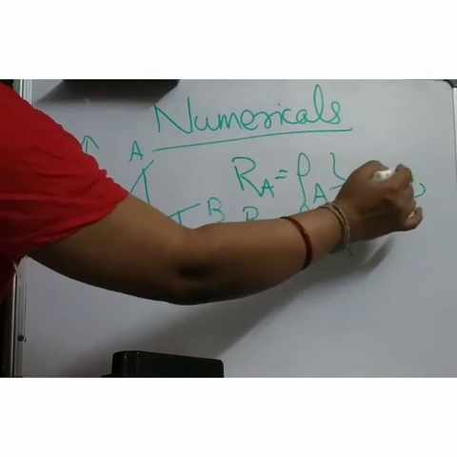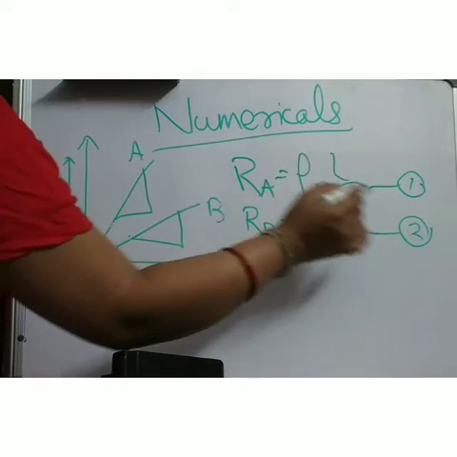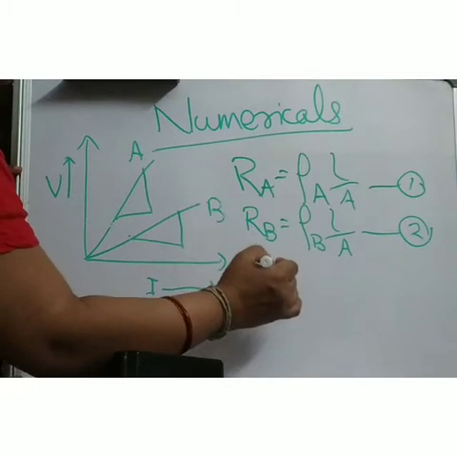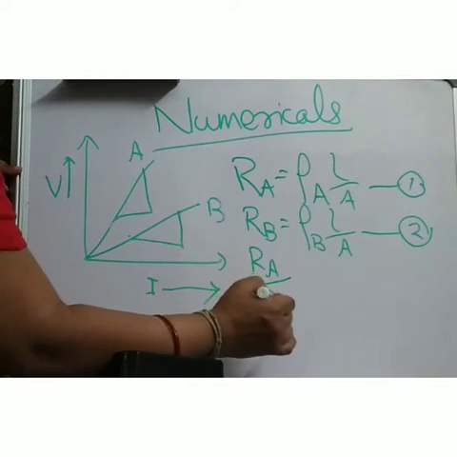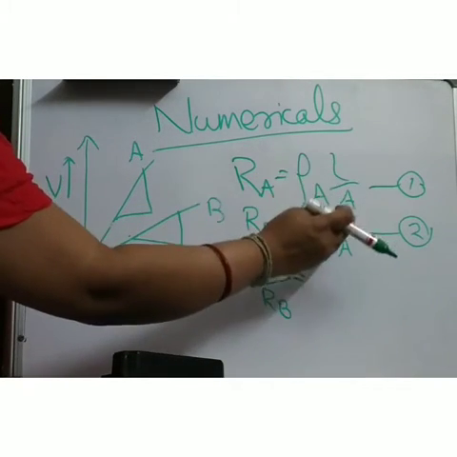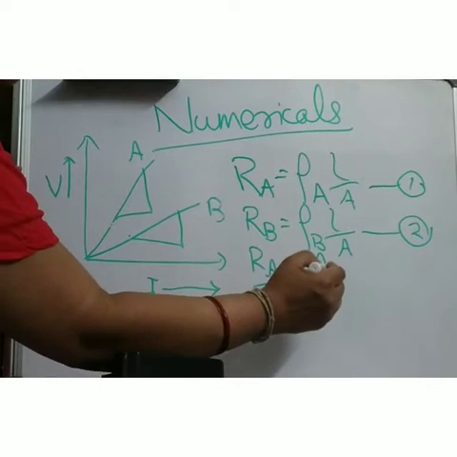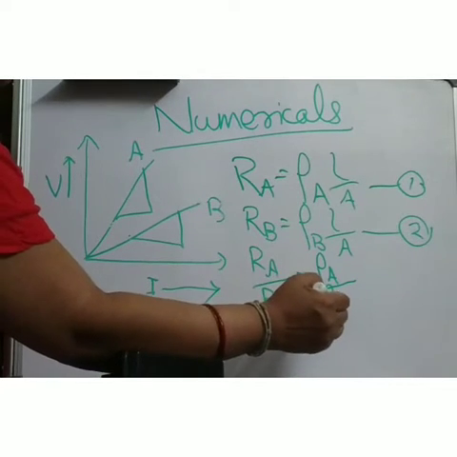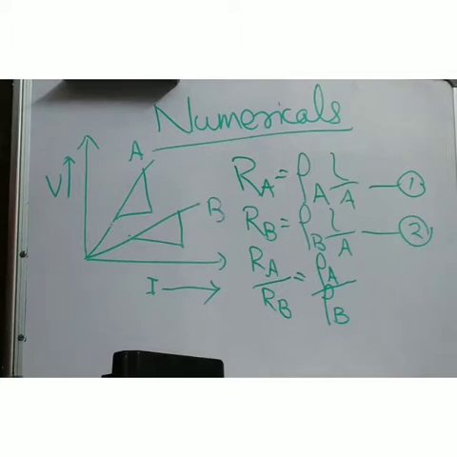This is equation 1 and this is equation 2. Divide equation 1 by equation 2. What will you get? RA by RB equals, L by A gets cancelled, so rho A divided by rho B.